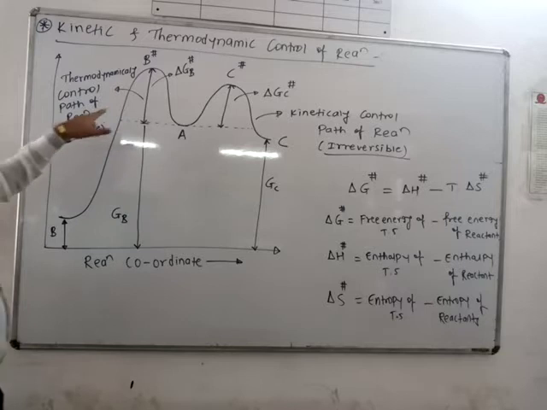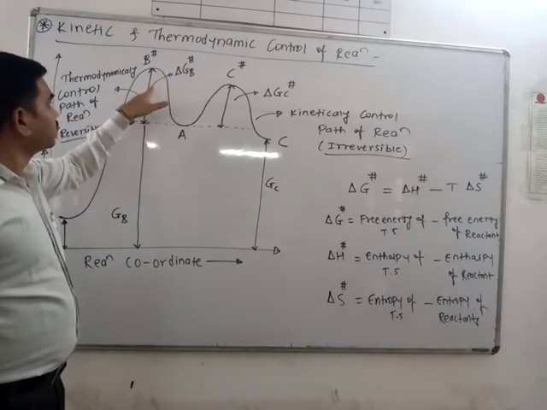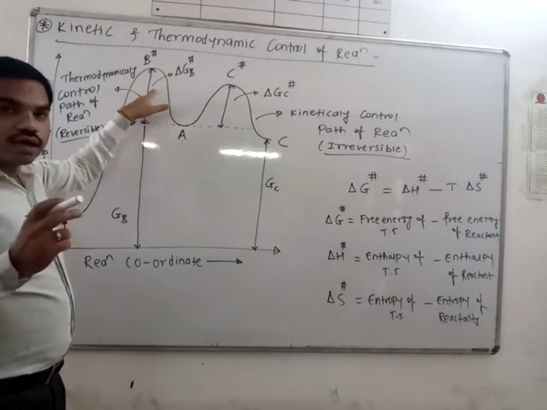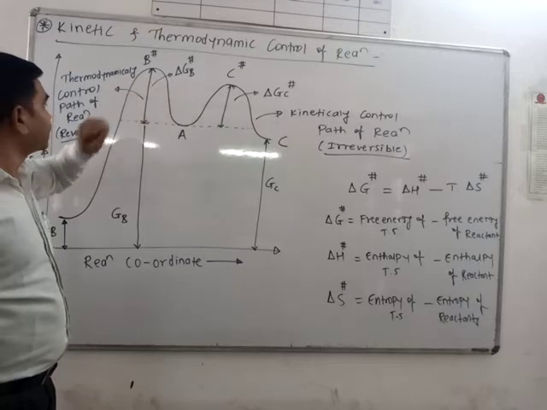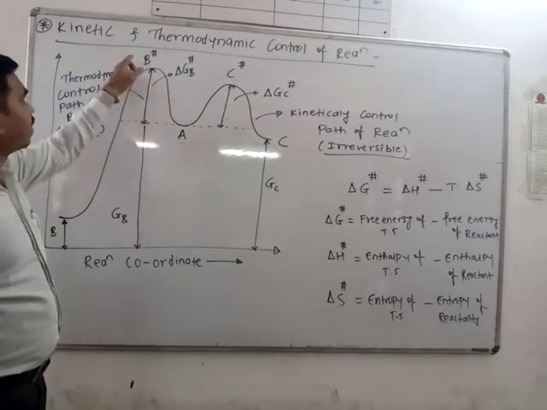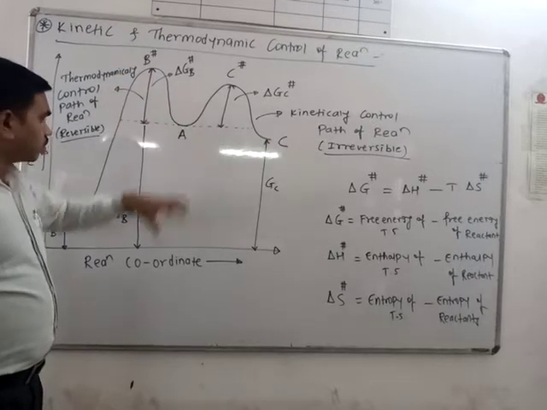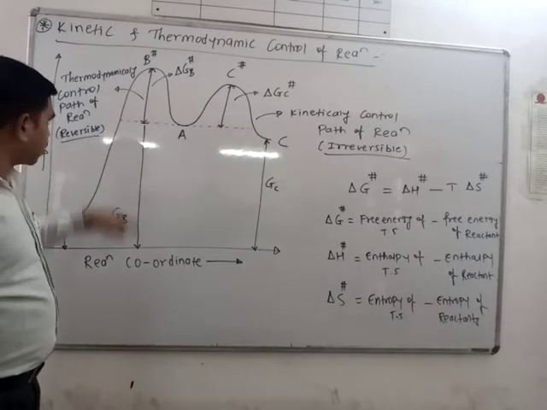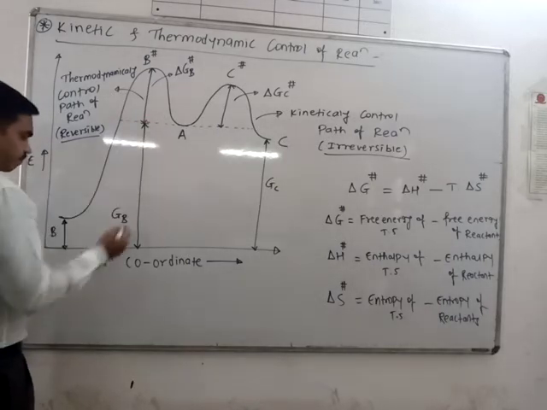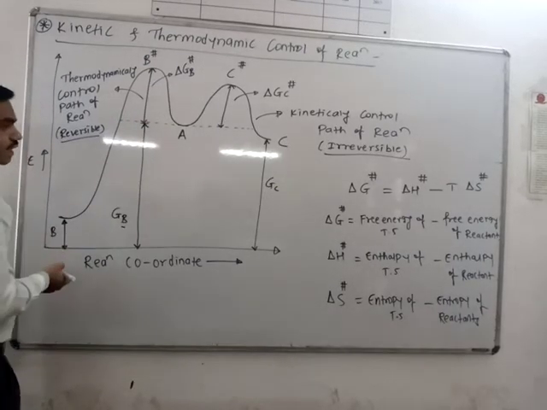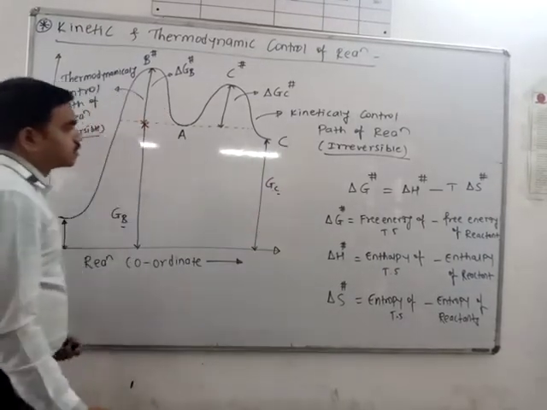Okay, and here what is my delta G B double dagger? This is the activation energy, that is what? The difference in energy between A and B double dagger. Okay. This is GB, means Gibbs free energy of B, and this is GC, means Gibbs free energy of C product.